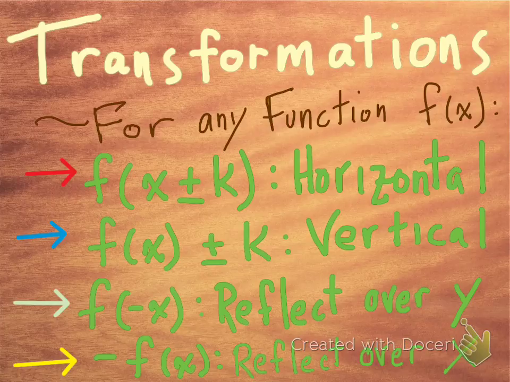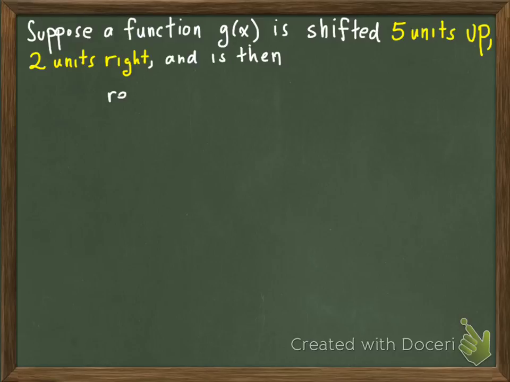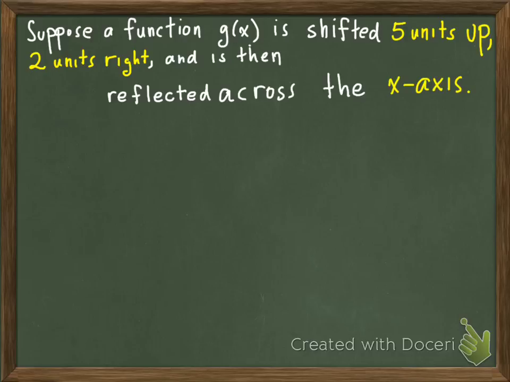Okay, so let's just take a look at an example using some of these rules. And of course, there are other kinds of transformations, but these are the four that we'll mostly be concerned with for now. Let's say, for example, suppose a function g of x is shifted 5 units up, 2 units to the right, and is then reflected across the x-axis.